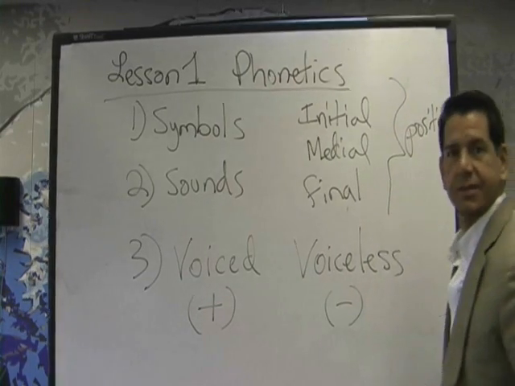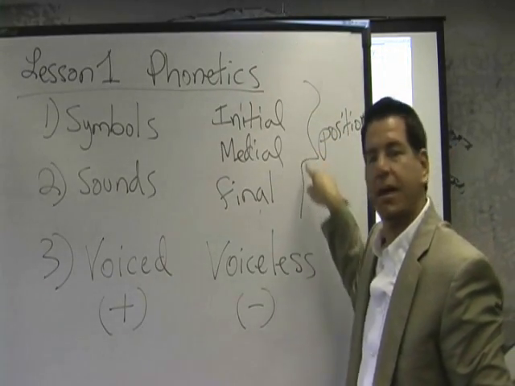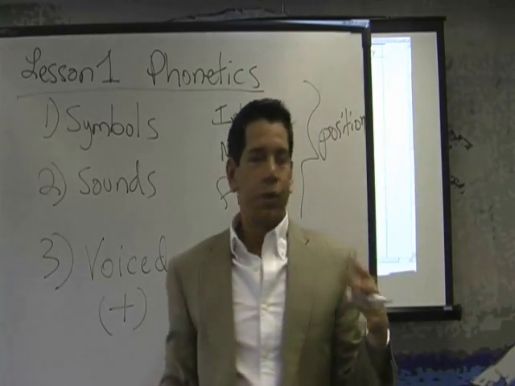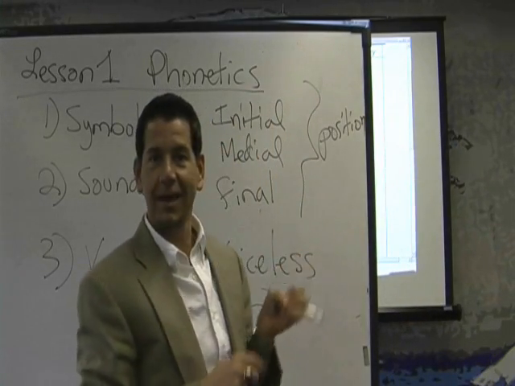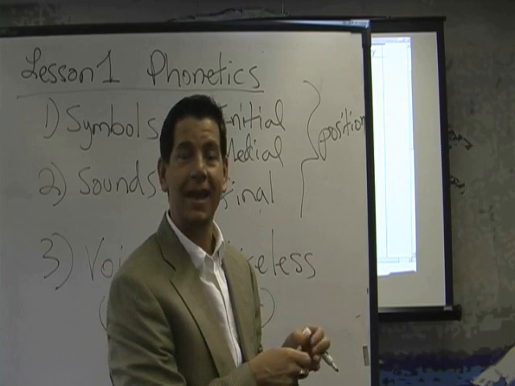These are the positions. All right? Once again, that's initial, medial, and final position. Which means that words can begin with the consonant, or you can find that consonant in the middle, or you can find it at the end.